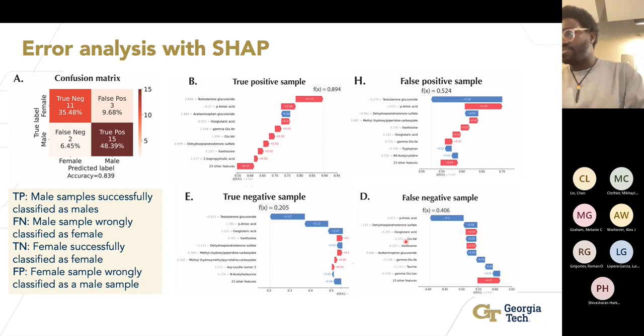But we don't see testosterone glucuronide as part of any of the top 10 important features. The summary from all of this shows the insights you can drive out from explaining your predictions.